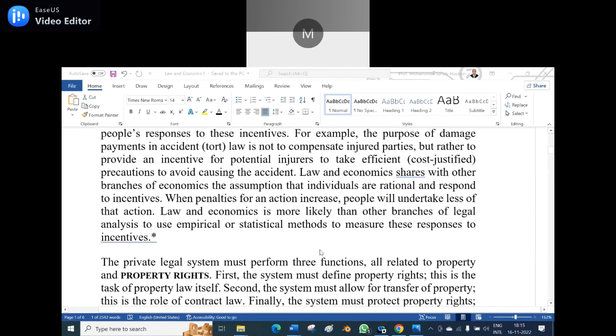Am I right? Sure, you are right, Prof. Now that is the reason I am showing law and economics. See, an injury is also a punishment, is it not? Suppose the punishment is incarceration, keeping someone behind bars. Is it not curtailing somebody's liberty?